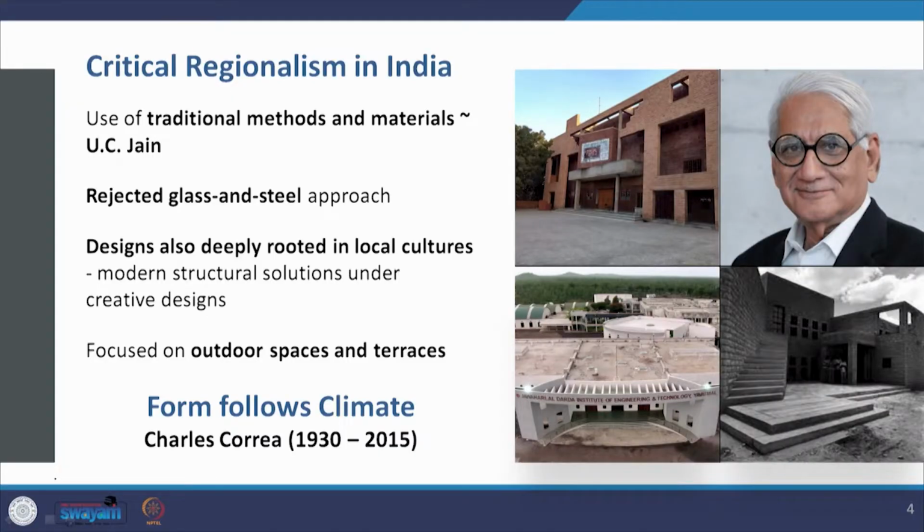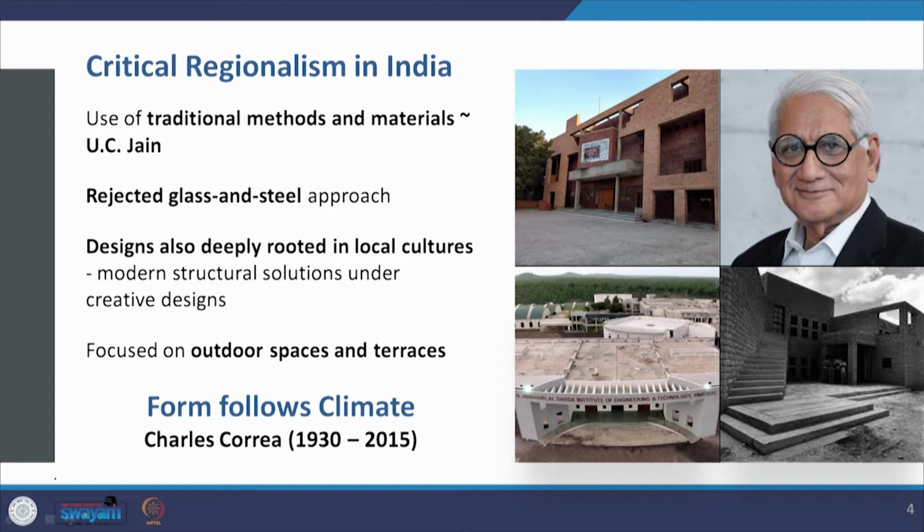So the stone beams that make up the pergola, their length defines the width of the corridor, but the organization of the lecture theatres in a step formation is typically a modern way of putting together a lecture theatre. Now there is also focus on both outdoor spaces and terraces, because particularly in composite climate, hot and dry climate and tropical conditions, these spaces are very valuable.